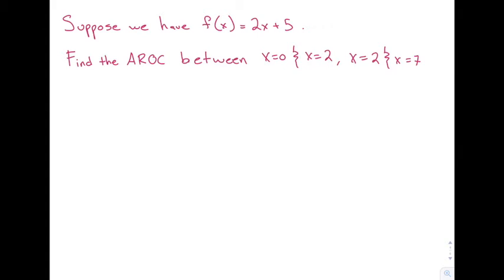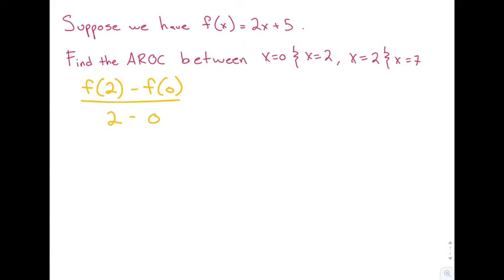Let's find the average rate of change of this linear function. So this is f of x equals 2x plus 5, and we're going to find the average rate of change in 2 specific cases. So the average rate of change will be, first, f of 2 minus f of 0 over 2 minus 0. Remember, we start with the bigger number, the more positive number. Sometimes you might have a negative number.